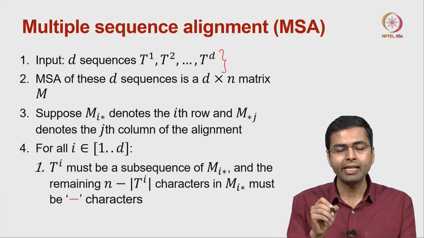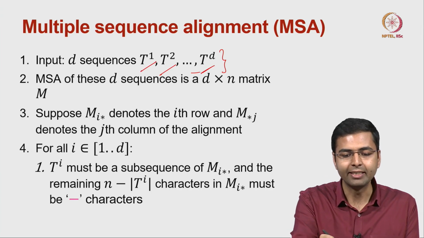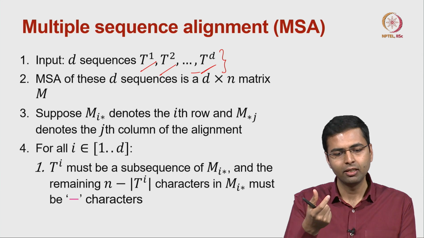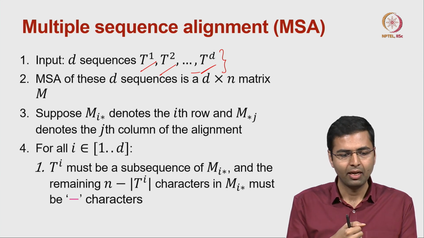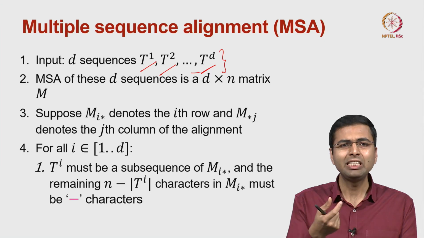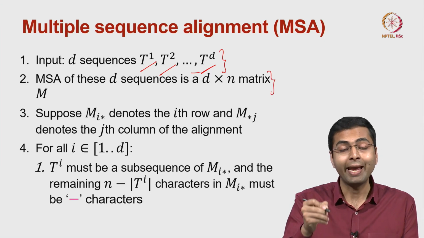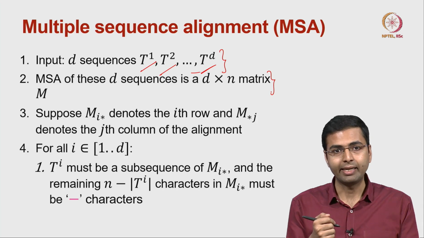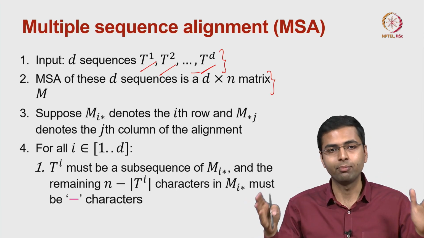I will be denoting them as T1, T2 up to TD. The multiple sequence alignment of these D sequences is a D cross N matrix. That is, the matrix has D rows and N columns.